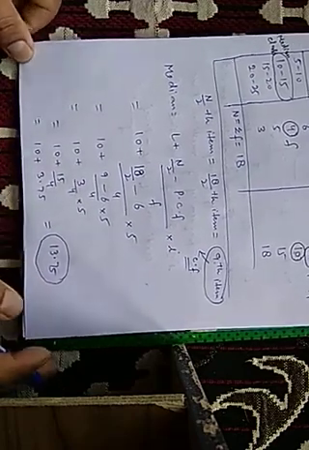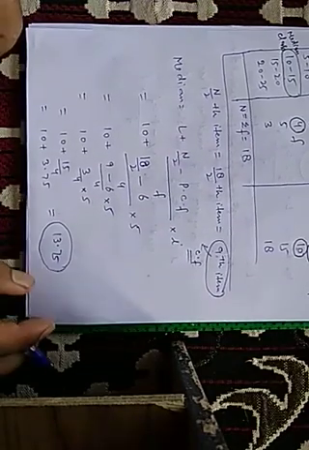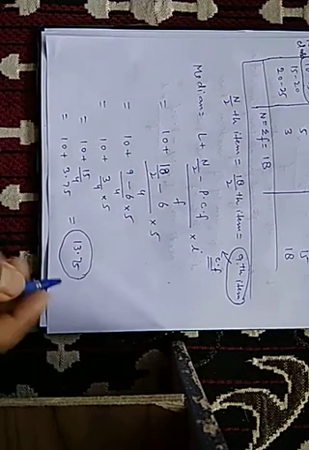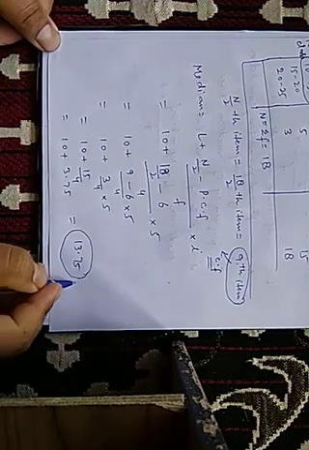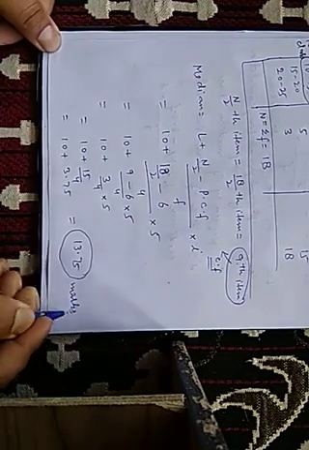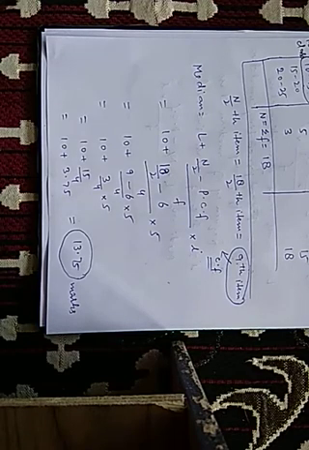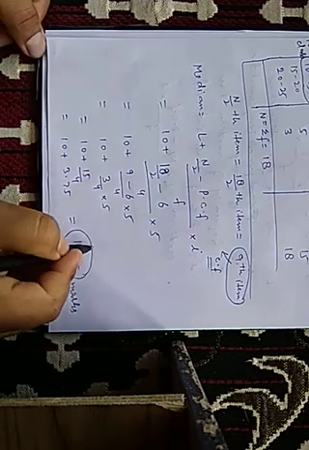And this 13.75 is the value of the variable, that is marks. Therefore, median marks is equal to 13.75 marks. This is the value of median.